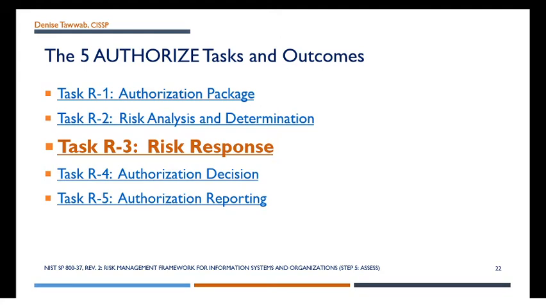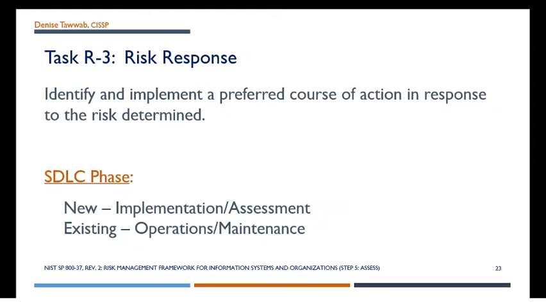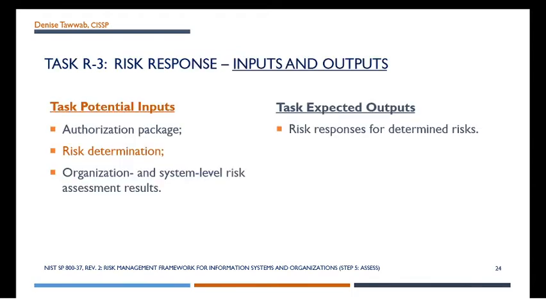The third task in the authorize step of the NIST Risk Management Framework is risk response. In the risk response task, you identify and implement a preferred course of action in response to the risk determined. Potential inputs to risk response would be your authorization package, the risk determination, and your organization and system level risk assessment results. The expected output from this task is going to be risk responses for determined risk.